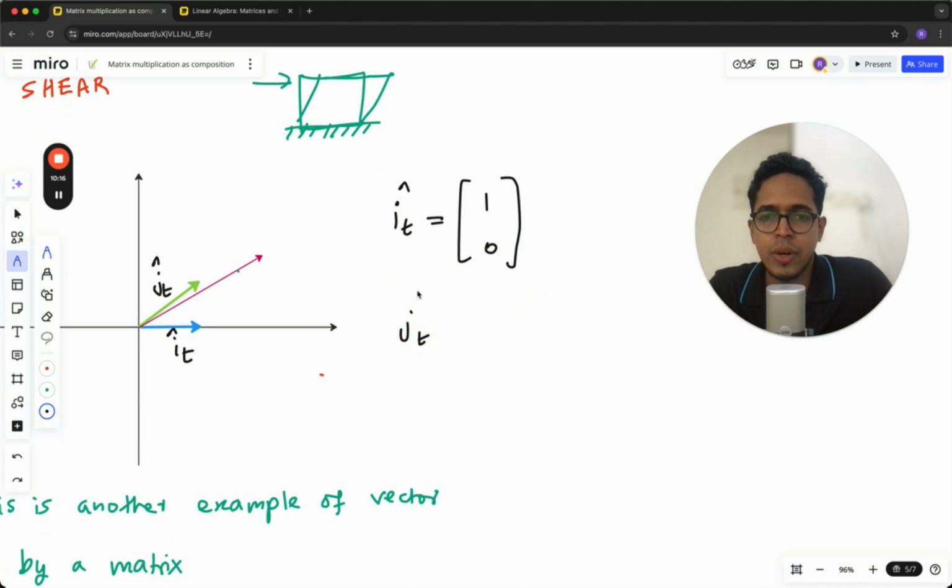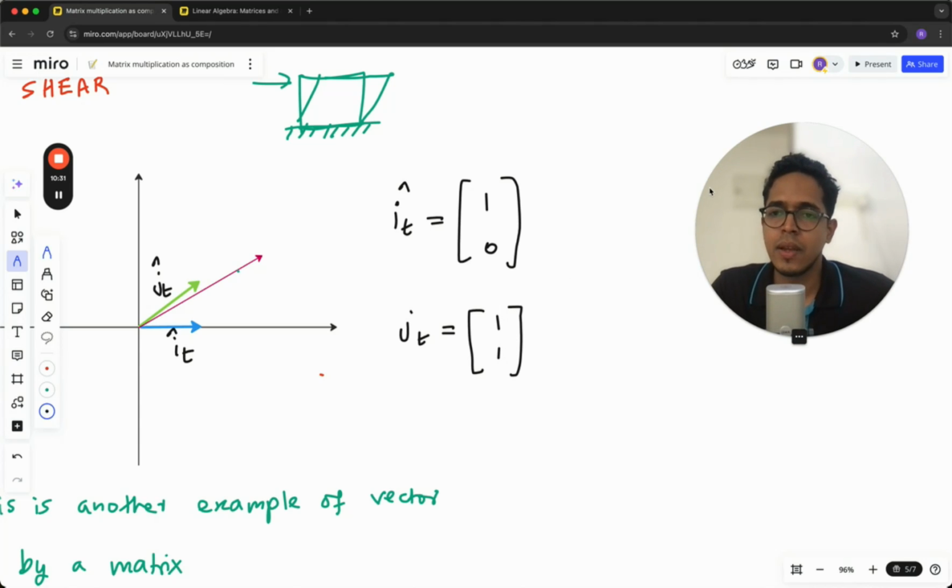So this is not a unit vector anymore, so I don't have to put that cap. But the transformed value of j is, let's say, 1, 1. I'm not normalizing it. So it will be 1, 1. But if I want to put it as a unit vector, I have to divide by square root of 2, because the magnitude of this vector is square root of 2.